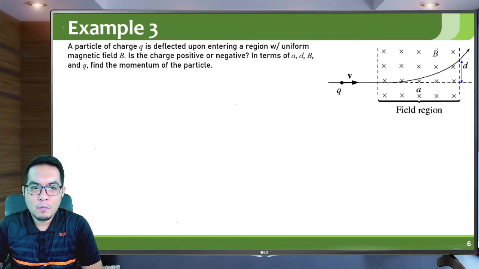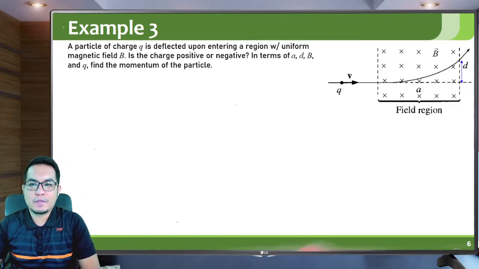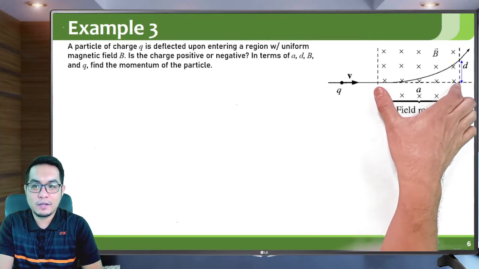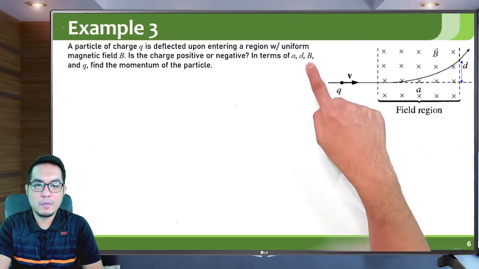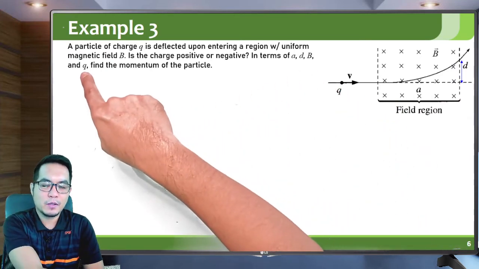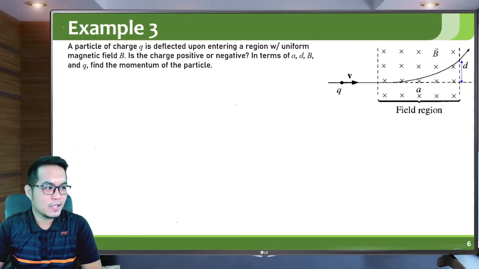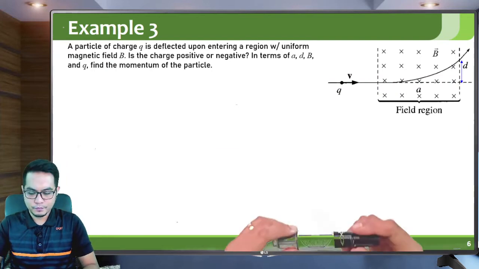Now, find the momentum of the particle in terms of the width of the field region A, this distance d, and the magnitude of the magnetic field B, and the charge of the particle Q. So we are now trying to find the momentum.